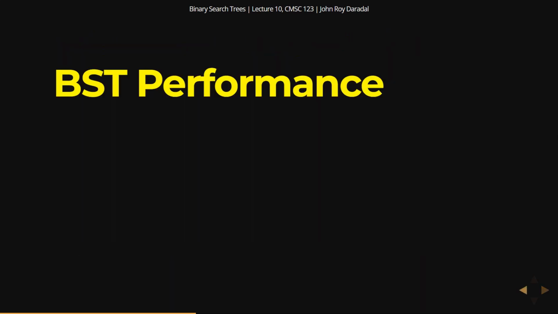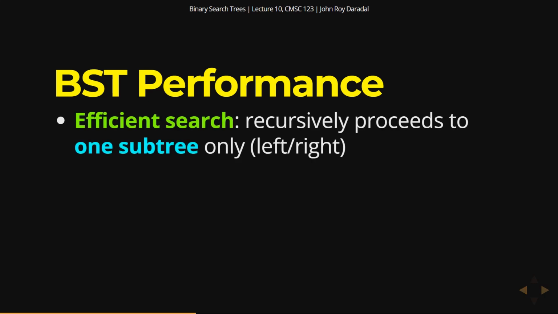Okay, so if you talk about the general performance of the BST, the search is very efficient because you recursively proceed to one subtree only, right? It's either the left or the right, and so if you go to the left, then you can just disregard or discard the right subtree totally, because you know that the key that you're looking for is not there, right?